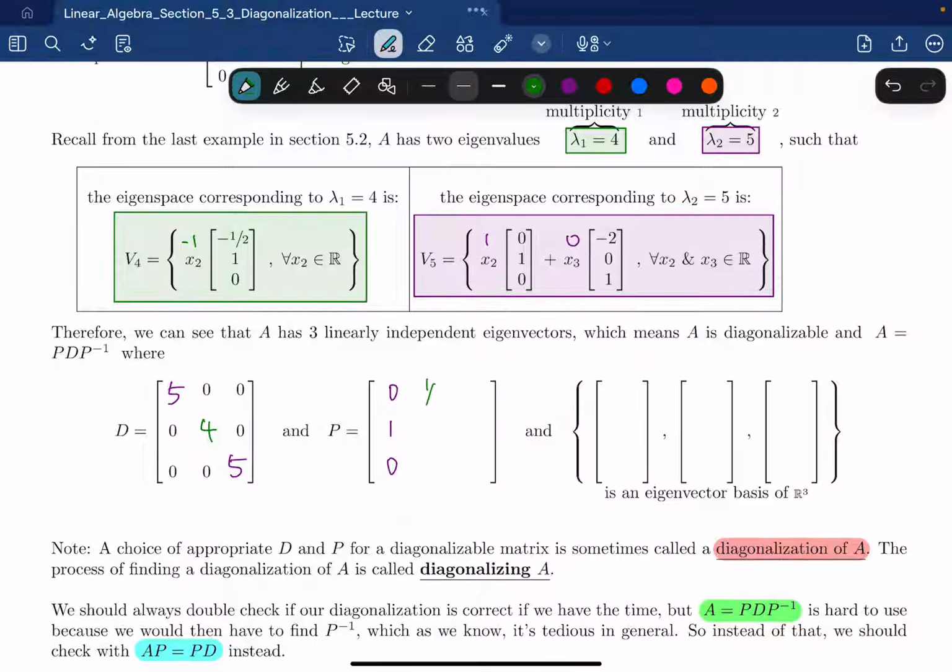So 1, 1/2, negative 1, 0, and the last one again from V5, I can do maybe 2, 0, negative 1. Okay, and once you make the choice, your eigenvector basis of R3 is set as well.